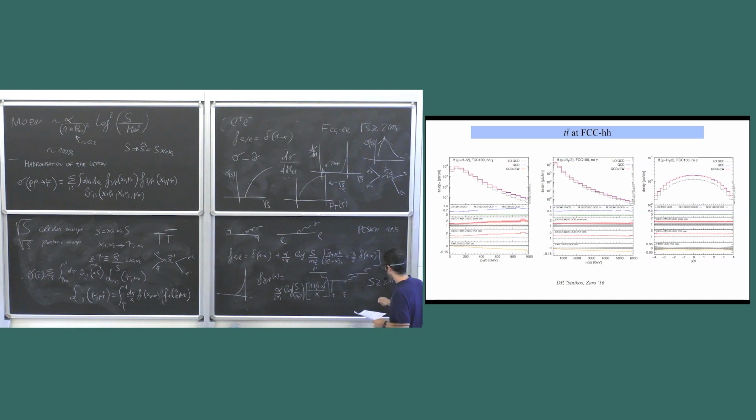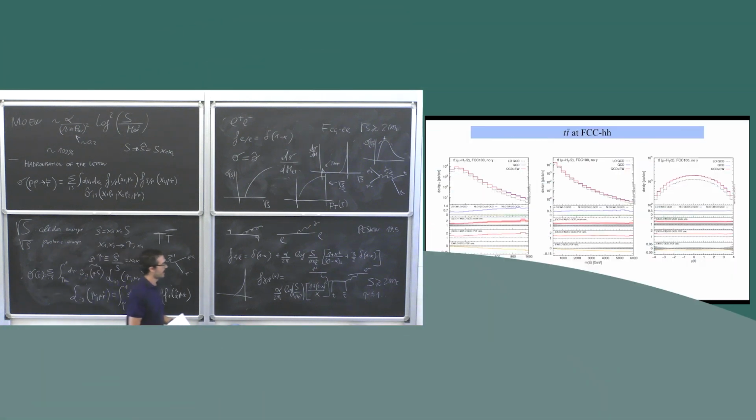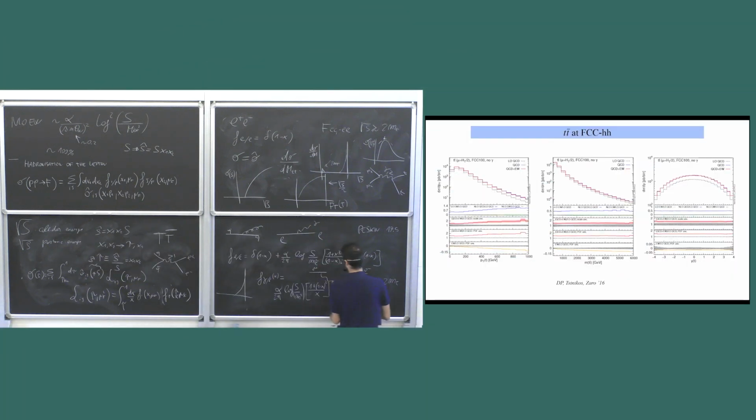The problem then is that tau will be of the order 1, just a bit smaller than 1, okay? Now, if tau has to be just a bit smaller than 1, and tau is actually x1 times x2, it means that x1 and x2 have to be also close to 1. But if they have to be close to 1, this quantity is not large. And this is the reason why I draw the picture in this way.